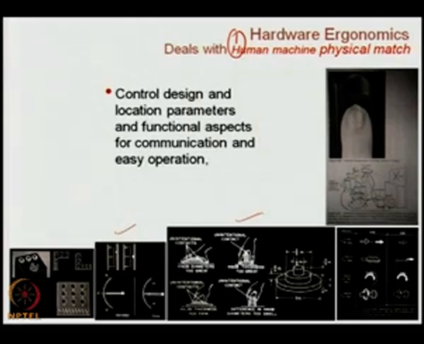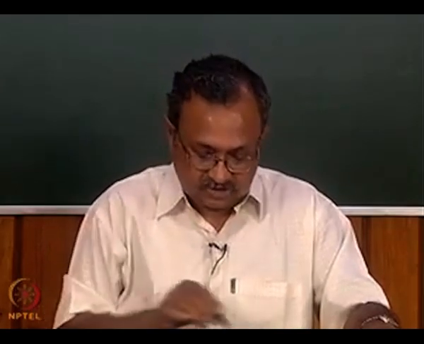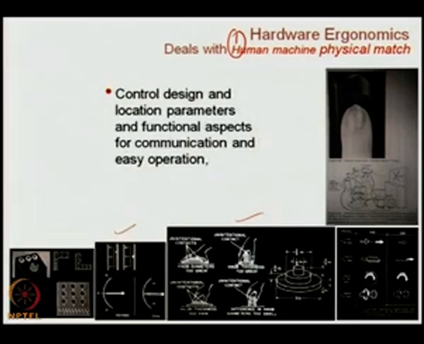In this case, these are easy, and when it is within the circle etc., it is clearly mentioned for what purpose, but if it is open ended, it does not give that much facility for how to operate it or what it means. If we have to operate in such a way, clockwise kind of thing, then instead of a very narrow line, it should be a thicker line, meaning stress on the information. So, these aspects are considered as control design and location parameters and functional aspects for communication and easy operation.